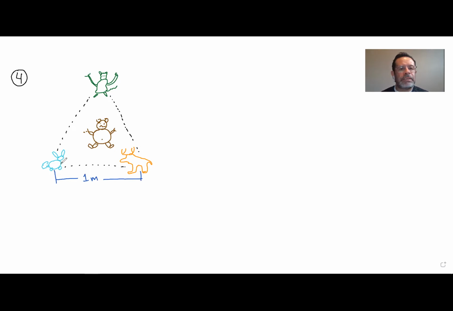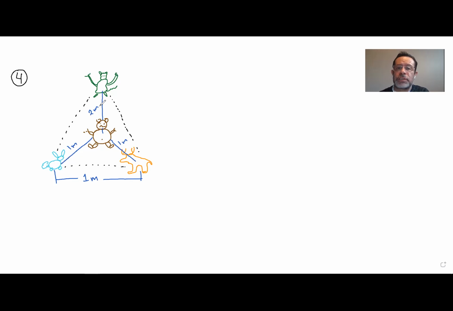We know that the distance between the bunny and the bear and the deer and the bear is also 1 meter. And we know that the distance from the monkey to the bear is 2 meters. Okay, that's kind of the representation of the situation.